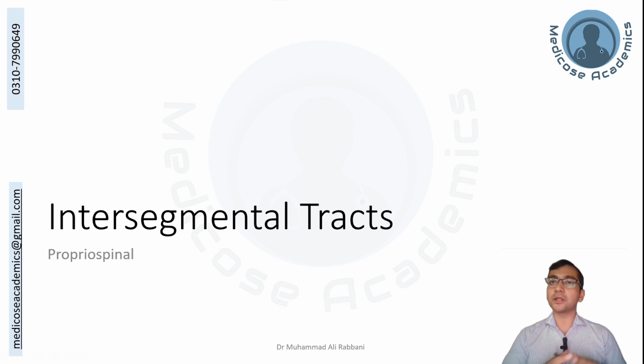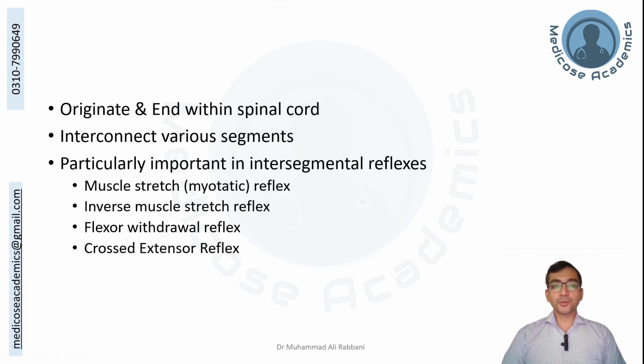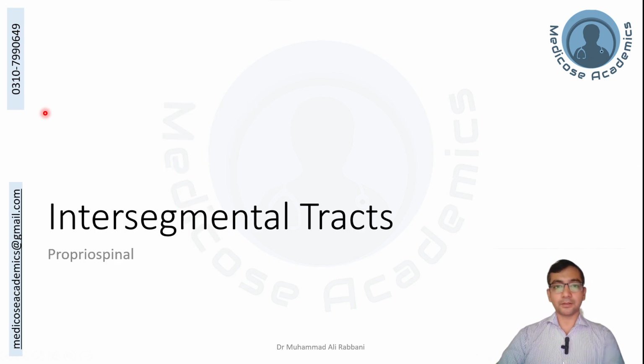But the key thing is that they remain within the spinal cord. So they originate and end within the spinal cord. That's the major thing that is related to it. Or to be more specific, we are going to be discussing the reflexes that are in the spinal cord.